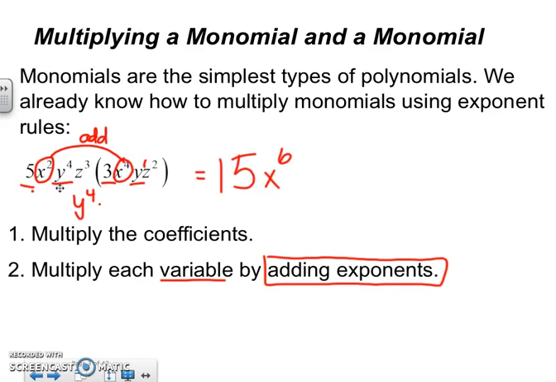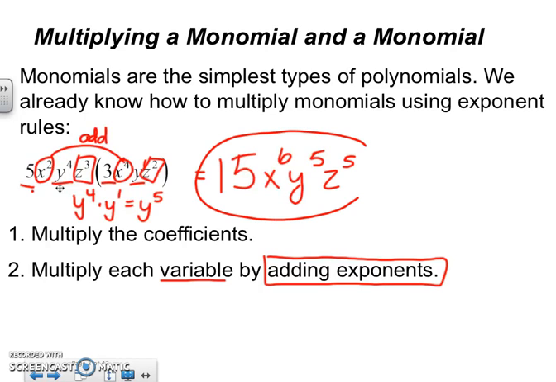So y to the 4th times y to the 1st is going to be y to the 5th, because we add those. Same thing over here, z cubed times z squared: I'm going to do 3 plus 2 and get z to the 5th. If you can keep that straight, that you multiply the coefficients and you add your exponents, then we are going to be golden.